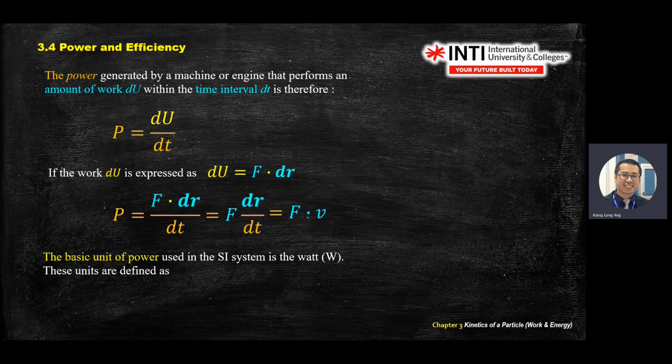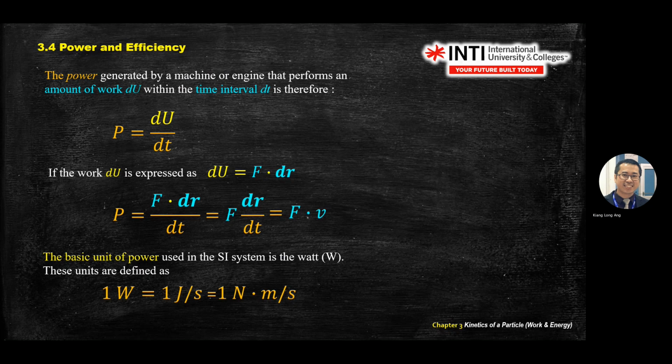What is the unit of power? Watt, W-A-T-T, the SI unit. Force is a Newton. Velocity is meter over second. So it's also Newton meter over second. Sometimes you link with Joule also.